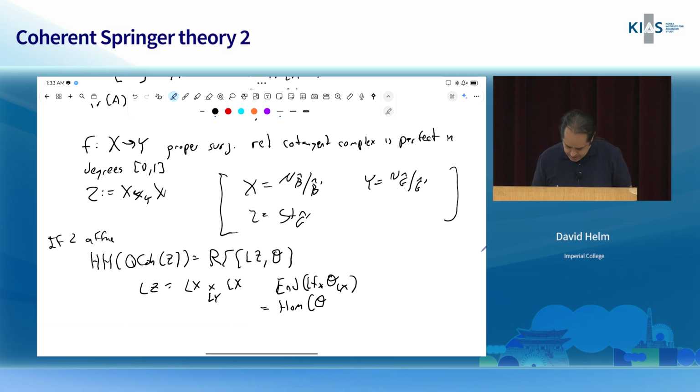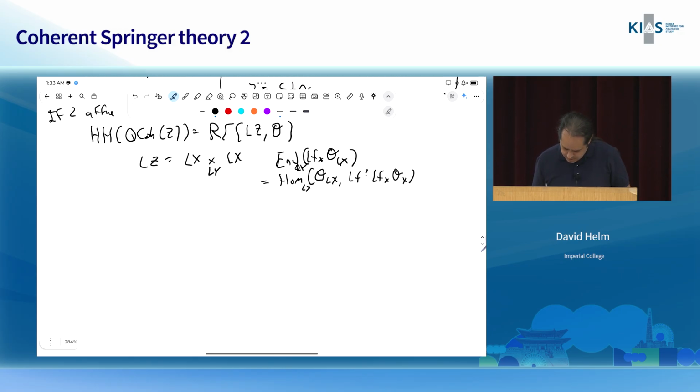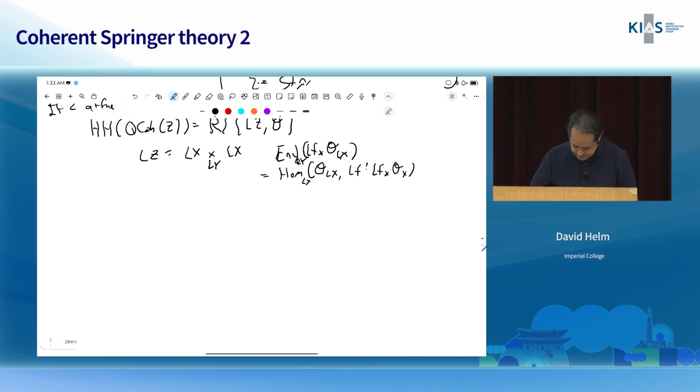Well, this looks like Hom. So this is End in LY, but you can rewrite that as Hom in LX of O_LX with LF upper shriek, LF lower star, O_X.